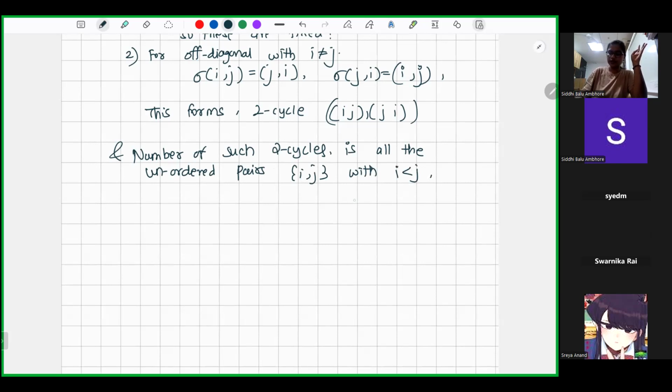So we have to just calculate all the possible pairs (i,j) with i less than j. And that we know is m choose 2, since there are m symbols.